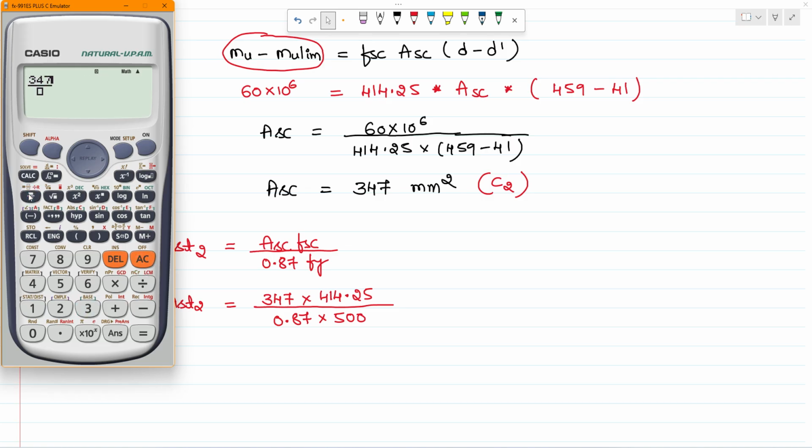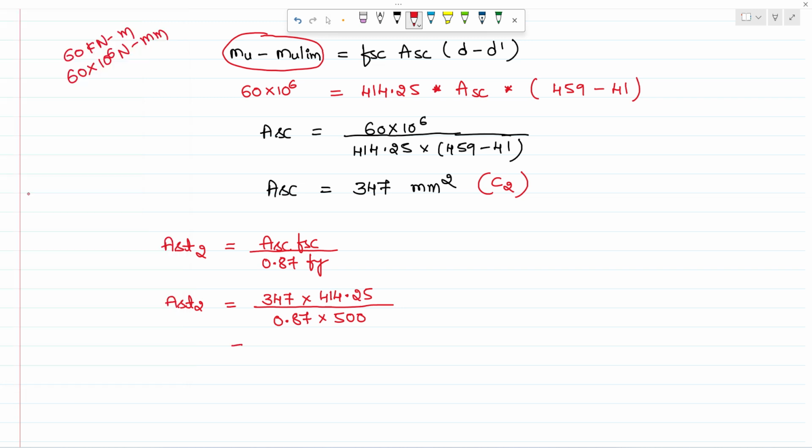So 347 multiplied by 414.25 divided by 0.87 multiplied by 500. It will be 330 mm square. So this is your AST2. Okay.